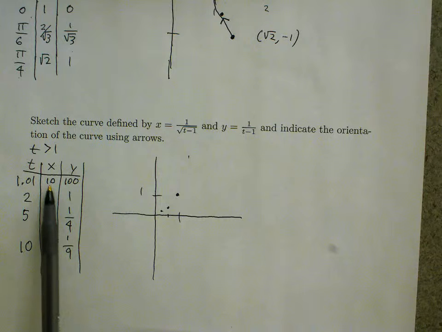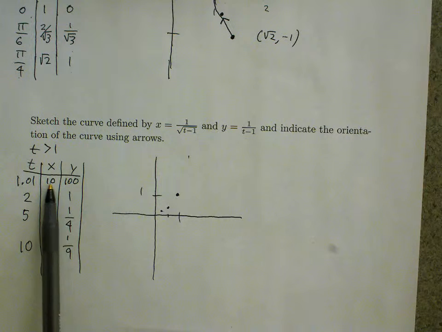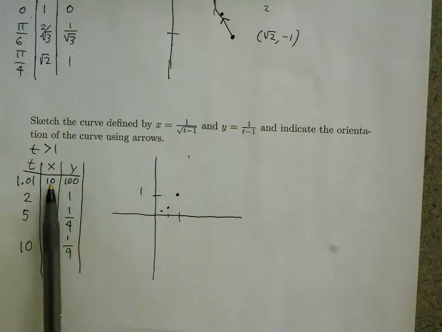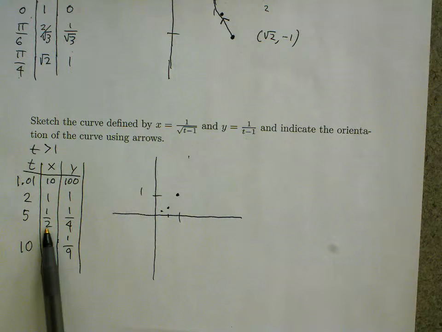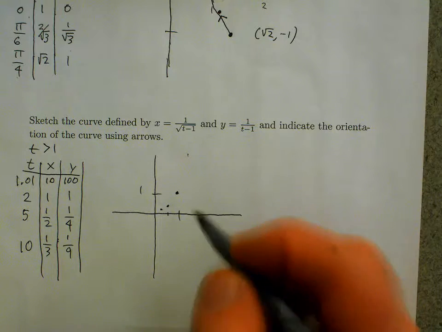Notice if you look at the x coordinates and compare them with the y coordinates, the y coordinate here, 100, is 10 squared, 1 is 1 squared, 1/4 is the number 1/2 squared, 1/9 is the number 1/3 squared. So it kind of looks like y equals x squared. So what we have is part of a parabola.